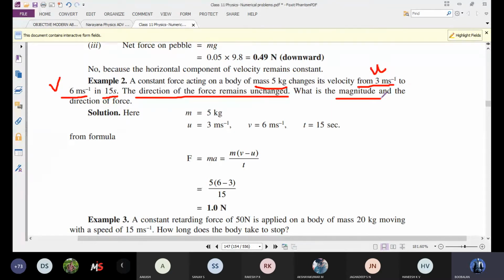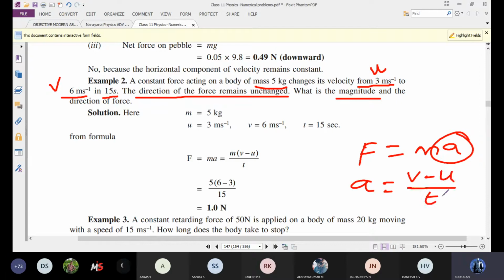Force means formula F equal to ma. So directly they didn't mention acceleration. They have given the initial velocity, final velocity and time. So the formula is a equal to (v minus u) by t, final velocity minus initial velocity. So find the value.